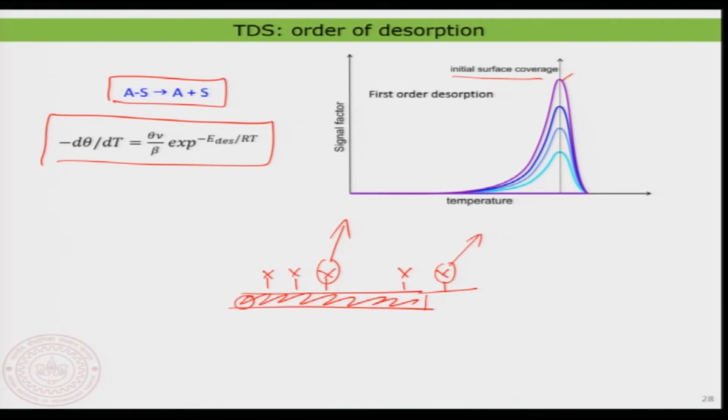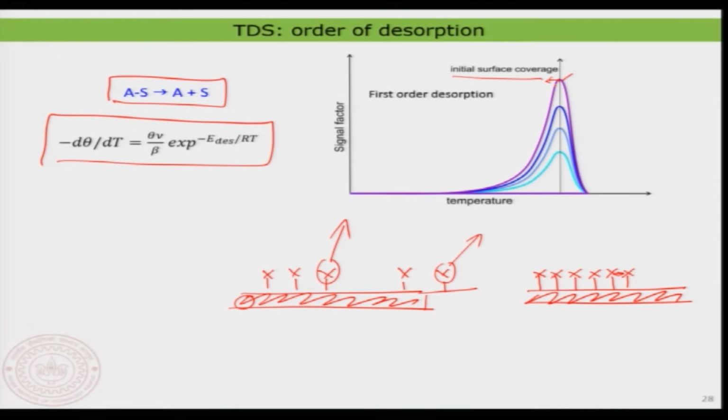Even if you take an extremely high coverage, so now imagine a situation of the surface which is extremely covered. That means atoms are packed extremely close, and in that case, for example, they can have repulsions between these atoms, and that can cause a reduction in the adsorption energy, and then the position can be shifted a little bit to the lower temperature.